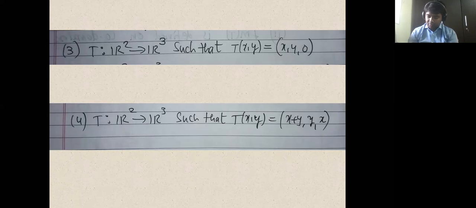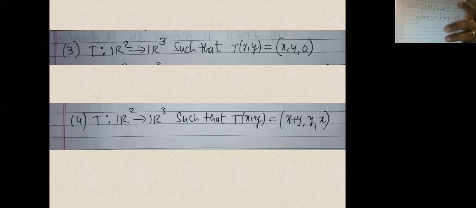So image T equal to T of x such that x belongs to R2. By our definition of T, this is (x plus y, x) such that (x, y) belongs to R2.